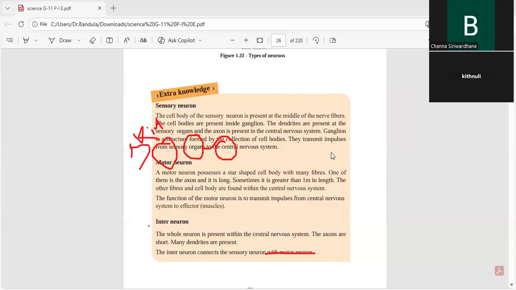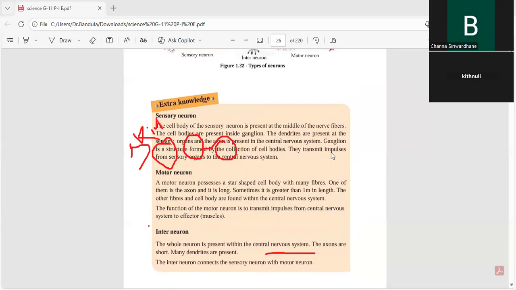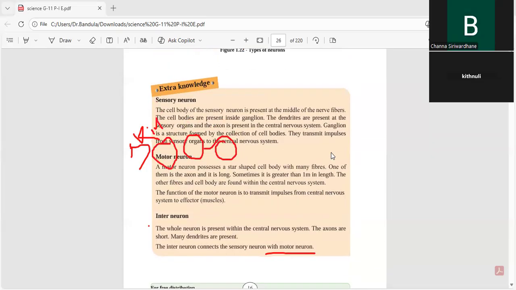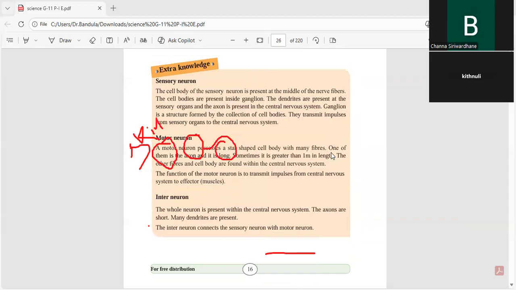Then the function of the motor neuron is to transmit the impulses from the central nervous system to the effectors, called muscles, right?